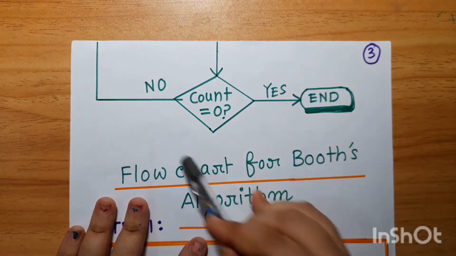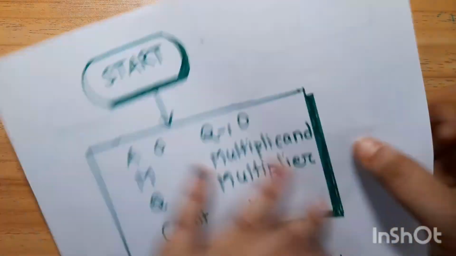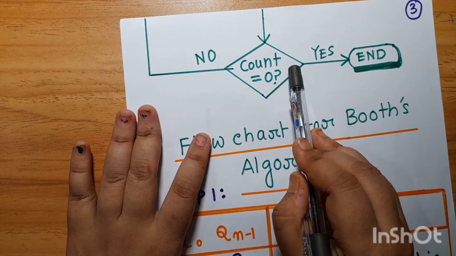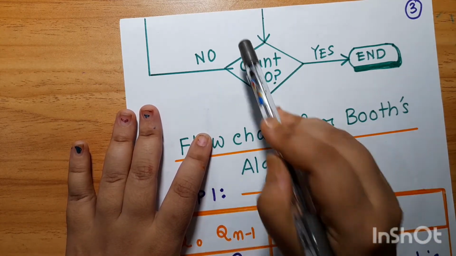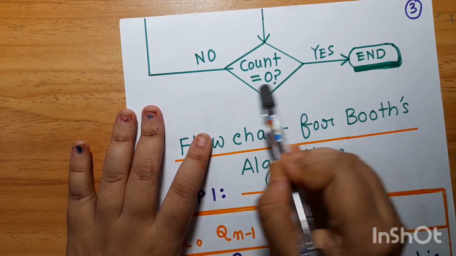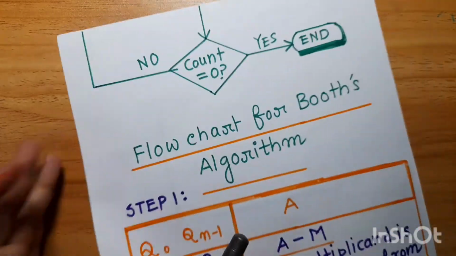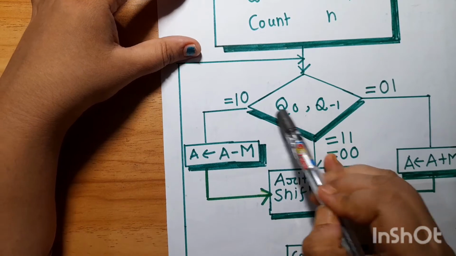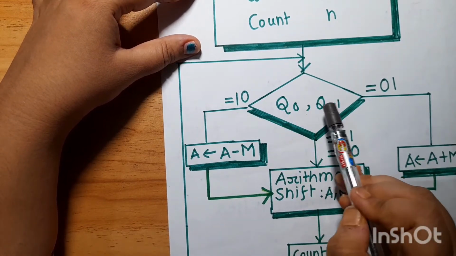Then the continuation of the flow chart. If count, after count equals count minus 1, is not equal to 0, then I will repeat this loop. I will go here. Again I will check Q minus 1.